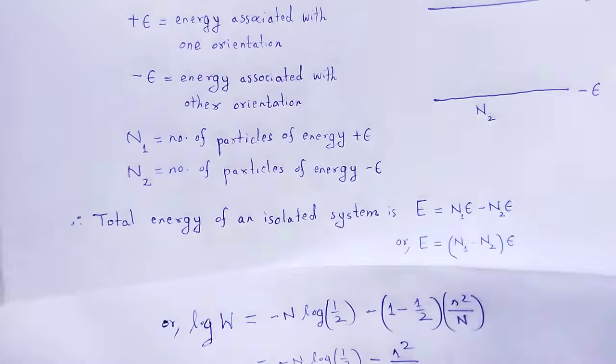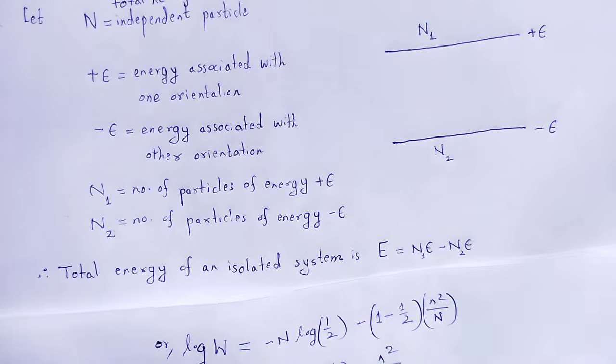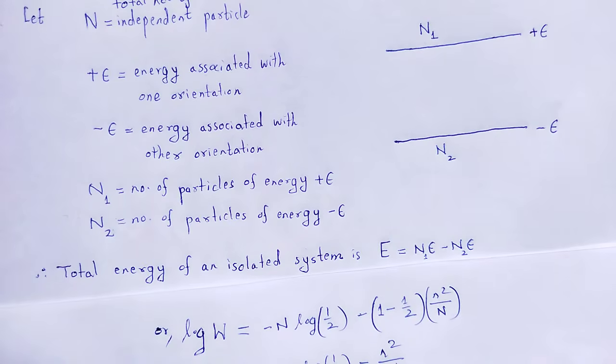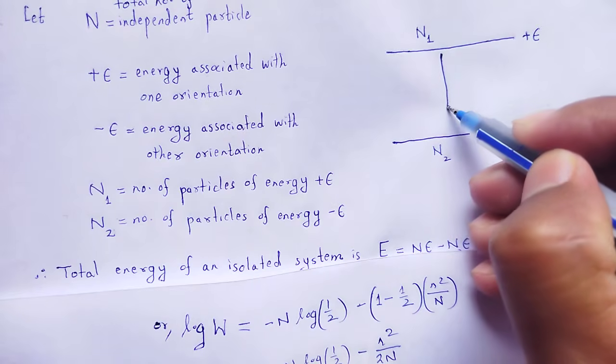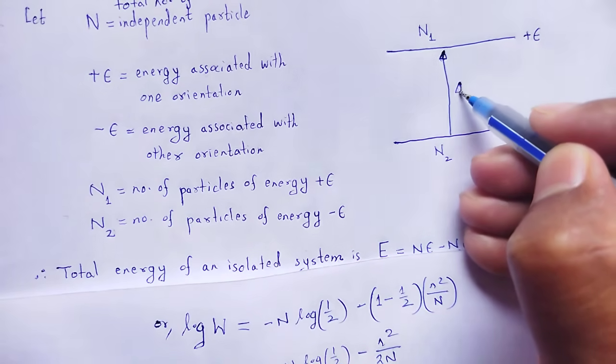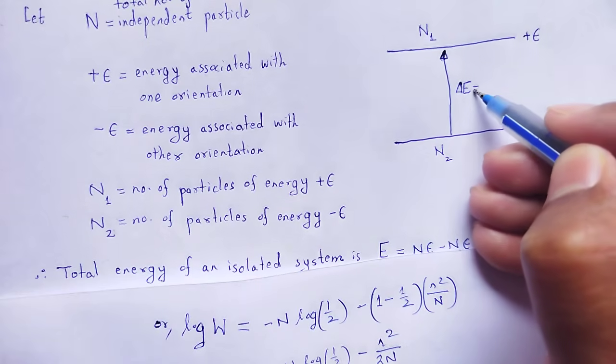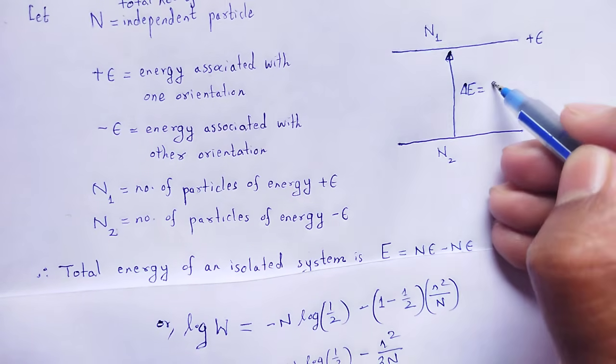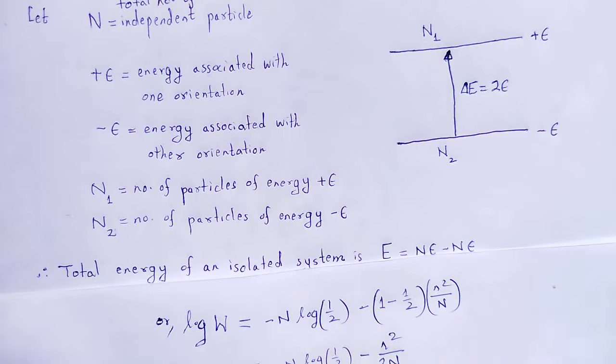As we taken a two energy level system here, the lower energy level, this is the higher energy level, and the change in energy del E will be 2 epsilon.